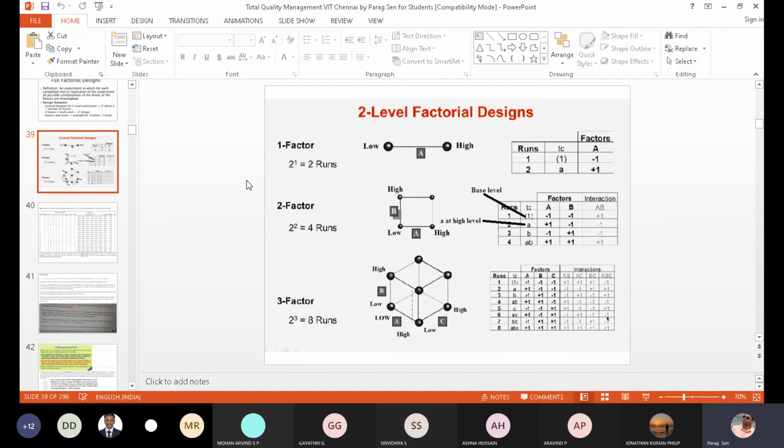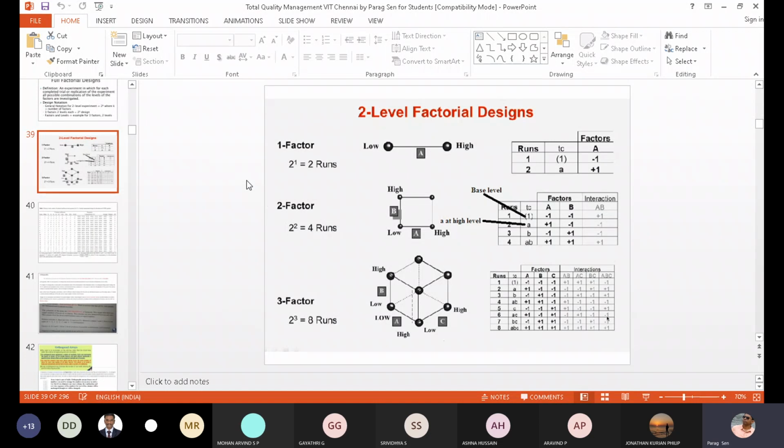And if it is a mixed kind of design, suppose out of 4 factors, 2 factors have 3 levels and 2 factors have 2 levels, that also you can select using Minitab. I will show you later. If you give these values, then automatically the design matrix will be generated. You don't need to do anything.